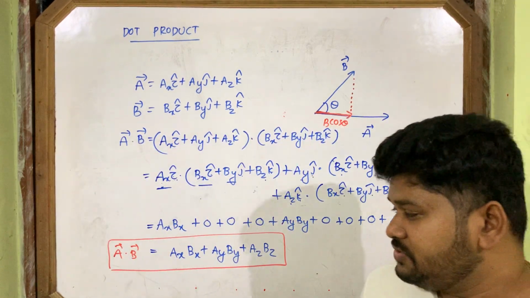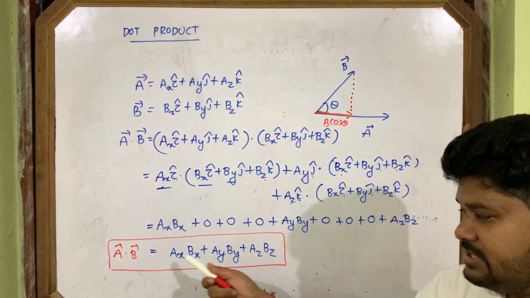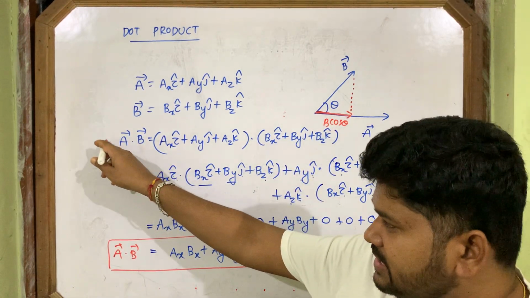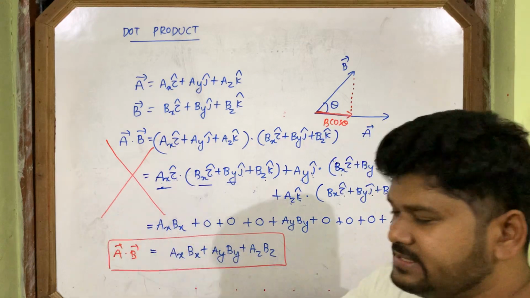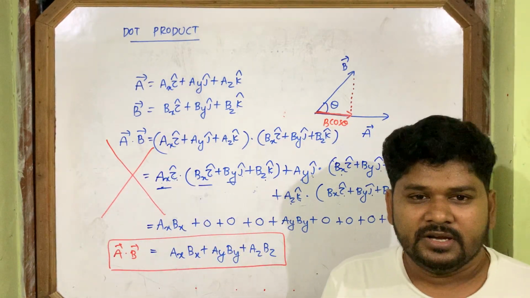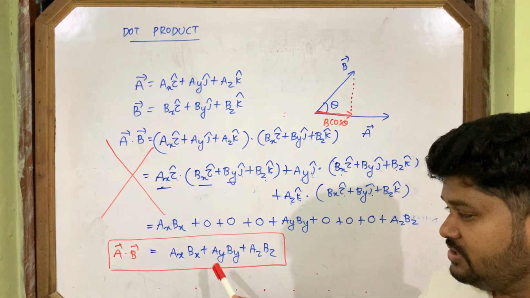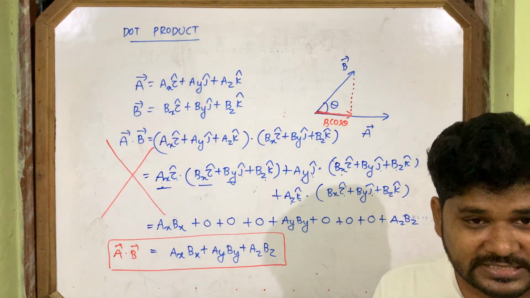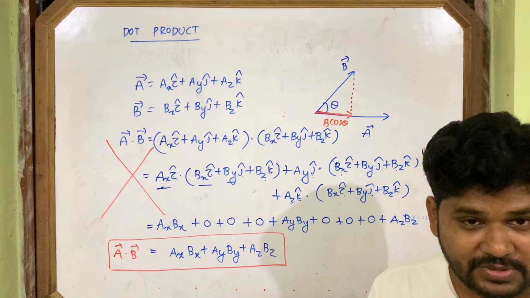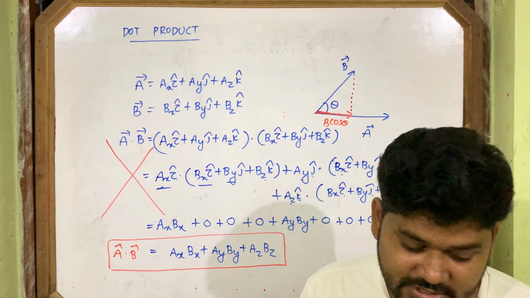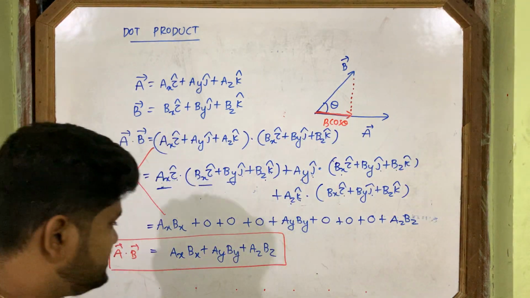Throughout physics in two years, you have to remember this formula. These things we only derive, after that this is not required. You may forget, no problem. But you have to remember this one. What is the formula of a vector dot b vector? Ax bx plus ay by plus az bz. So all of you got this answer.